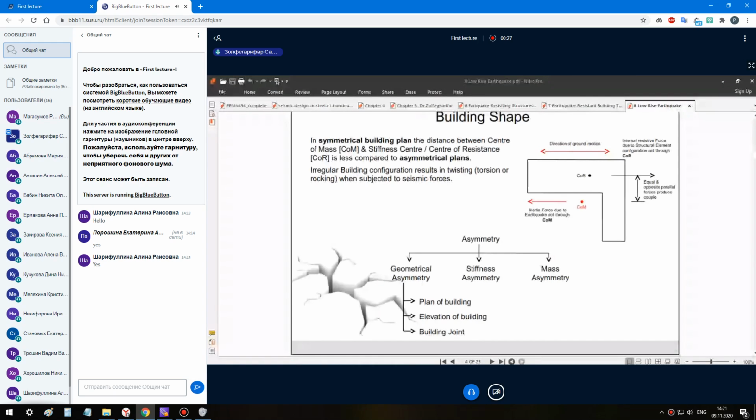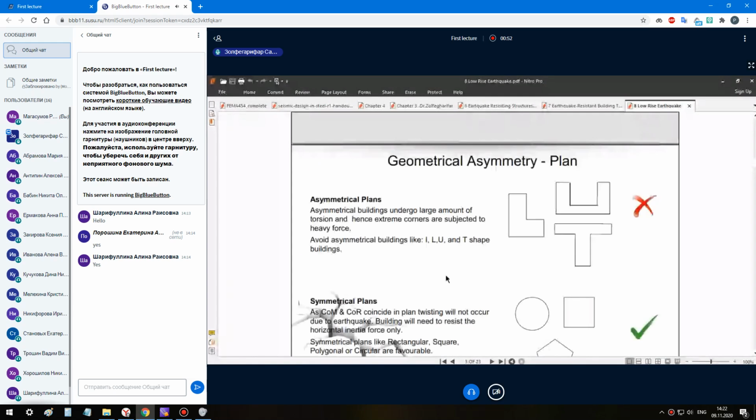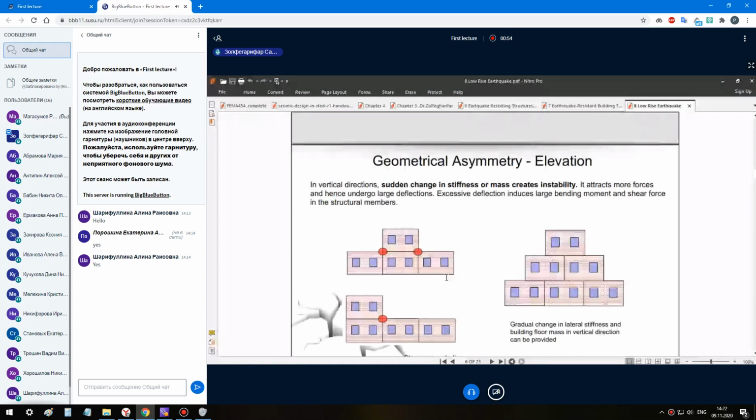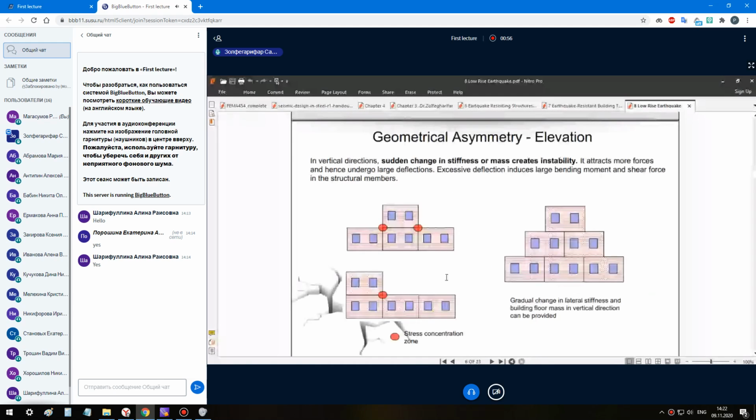Geometrical buildings with shapes like rectangular, square, polygon, and circular are more symmetrical and can give the building more strength.